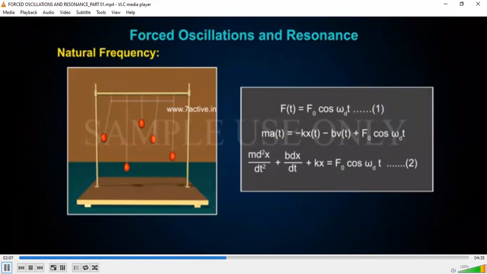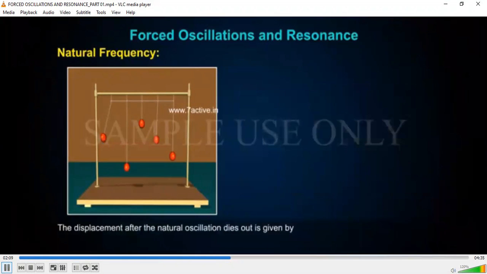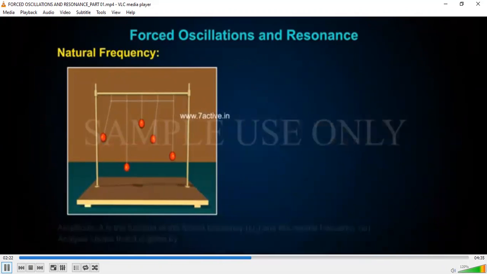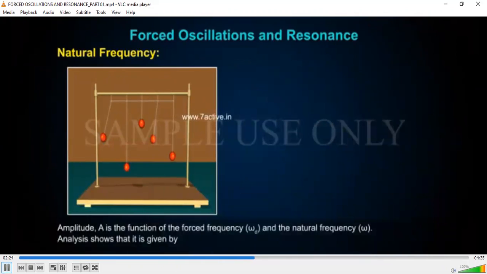Equation 2. The displacement after the natural oscillation dies out is given by x(t) equals A cos(omega_d t plus phi). Amplitude A is a function of the forced frequency omega_d and the natural frequency omega.